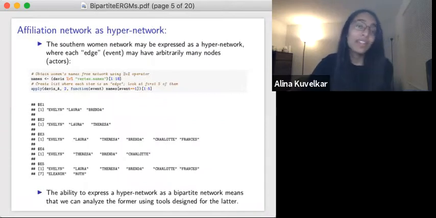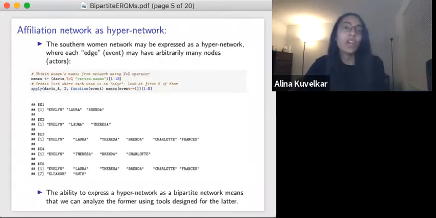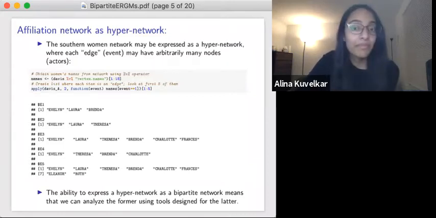Now we can consider affiliation networks as hypernetworks. Hypernetworks are networks in which an edge might not need to consist of 2 nodes. In a hypernetwork, an edge gets to say for every node whether it's in or whether it's out. If we consider a hypernetwork in the context of the Southern Women network, we can consider the Southern women as nodes and the edges as arbitrary subsets of those women.